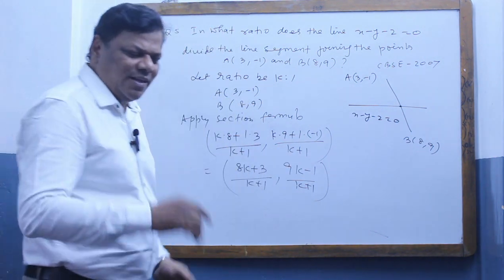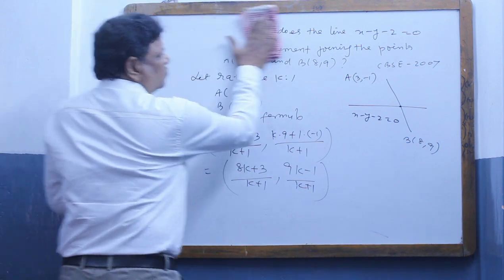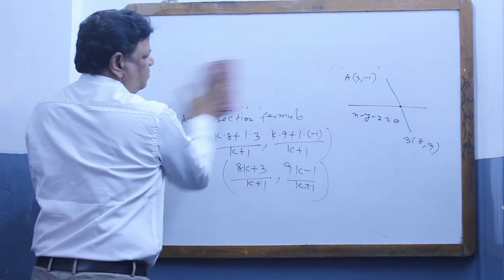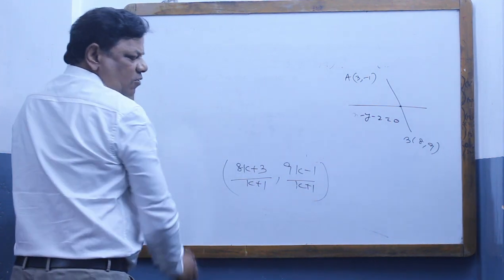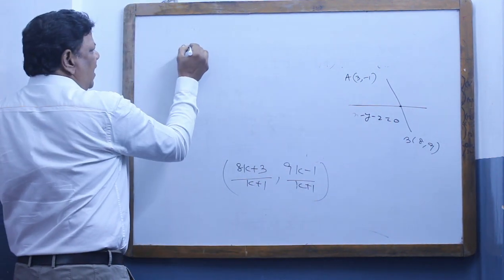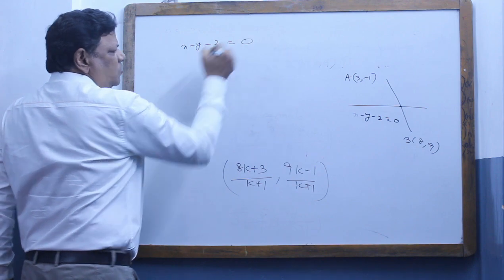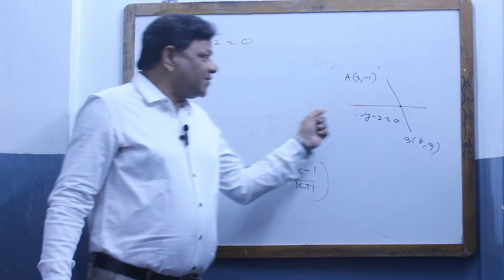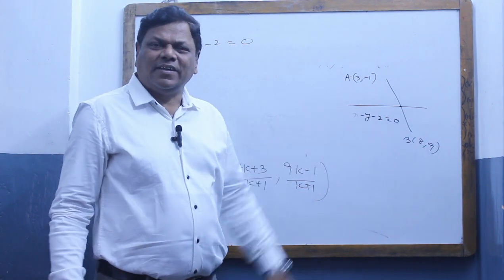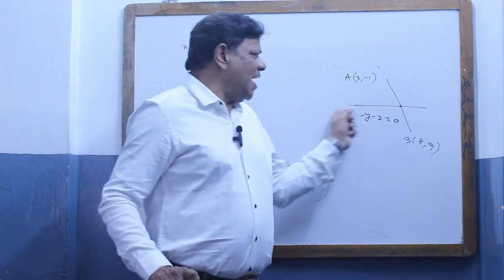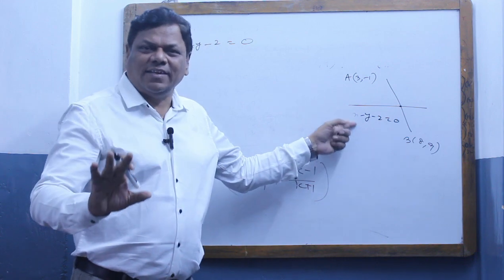So next page I am rubbing this. Good question. See, what is the equation? The equation given is x minus y minus 2 equal to 0. So this point is passing through this line, so I can easily put in place of x and y. Any point that lies on this line must satisfy this.